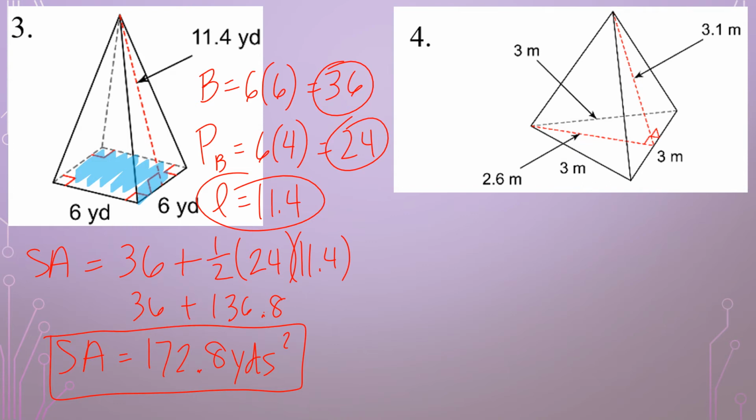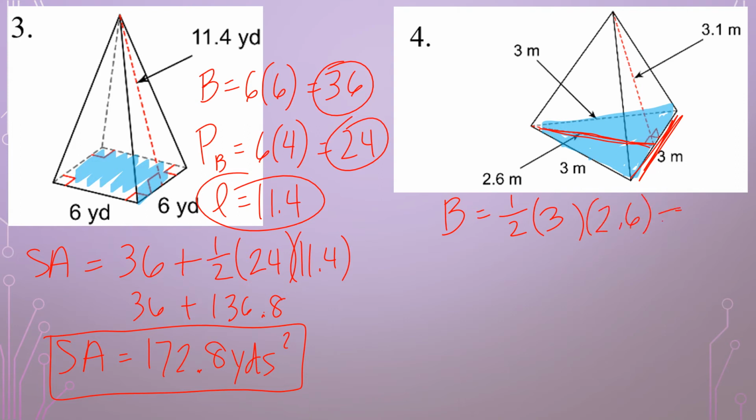For number 4, we have a triangle base for my pyramid. So first I need to do the area of the base, which is 1/2. The base of this triangle is 3, and the height of this triangle is the one that goes through the middle there, which is 2.6.